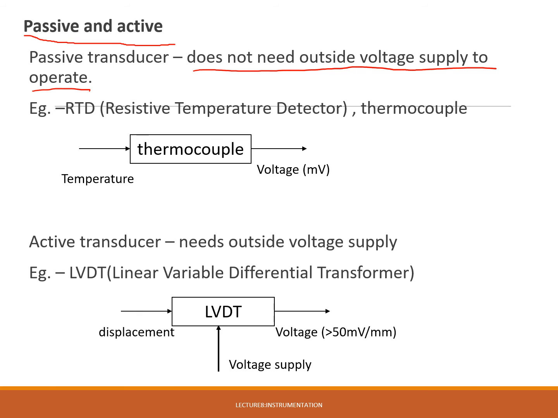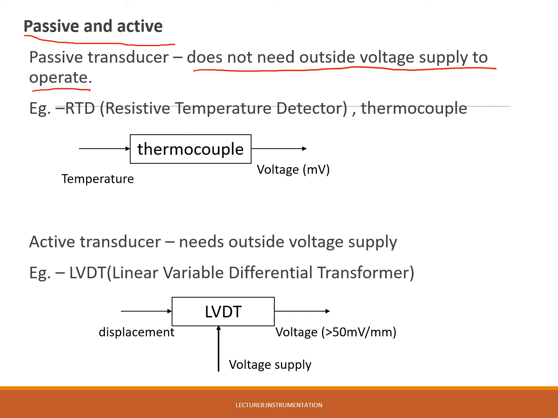For example, we have the RTD and the thermocouple. Both of these temperature sensors are able to measure temperature without needing any power supply. We just put the thermocouple into the environment, and it gives a voltage representing the environment. If we use an RTD, it is the same.